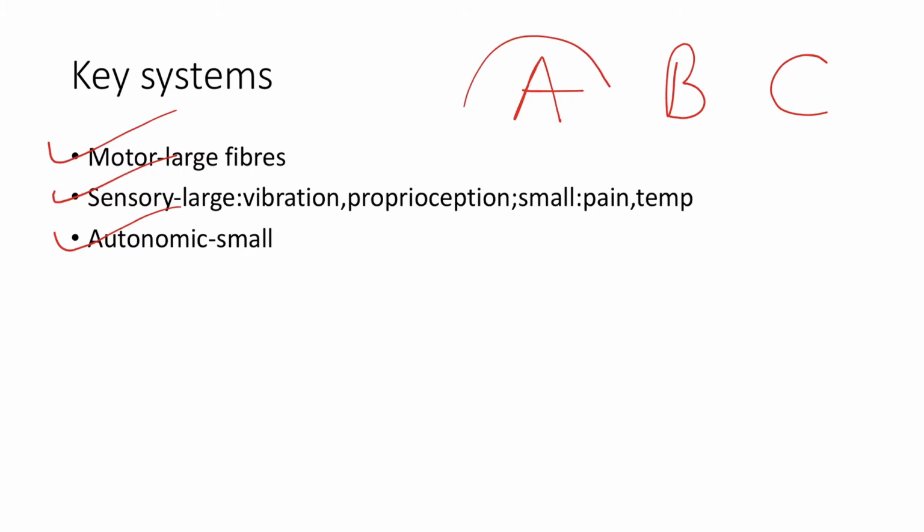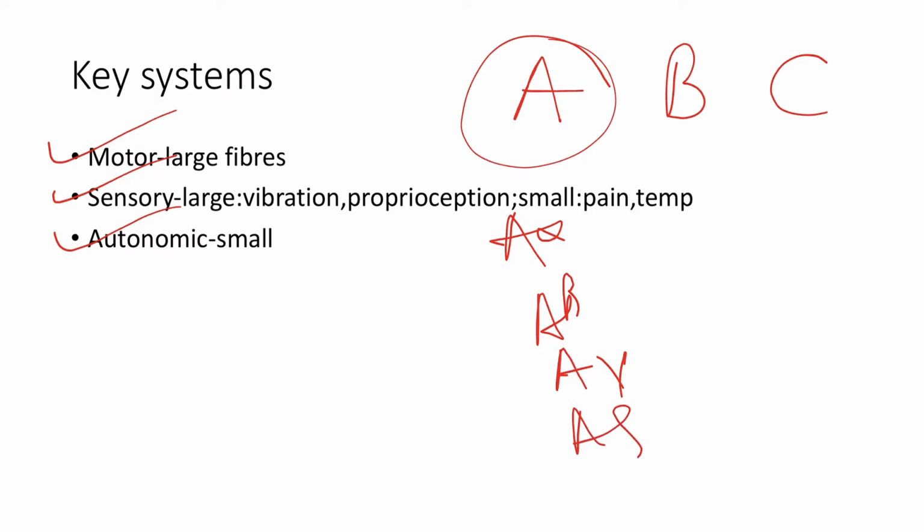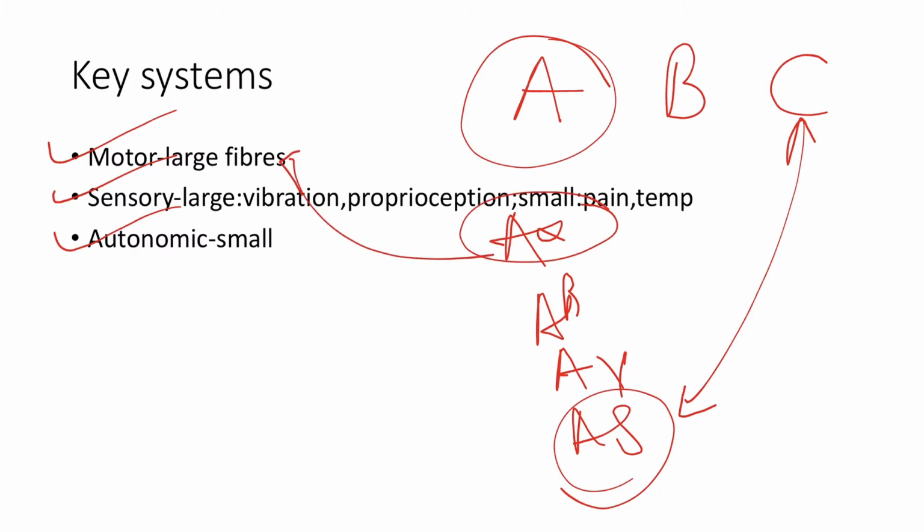Now we all know that the A fibers are again A alpha, A beta, A gamma, and A delta fibers. So A delta and the C fibers are carrying the pain, and the A alpha are the large fibers. They are actually motor fibers, and they are large myelinated nerve fibers, and that's what was affected in the previous case, the motor system.